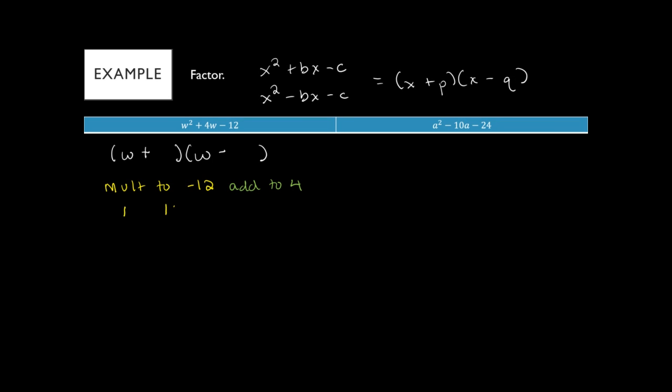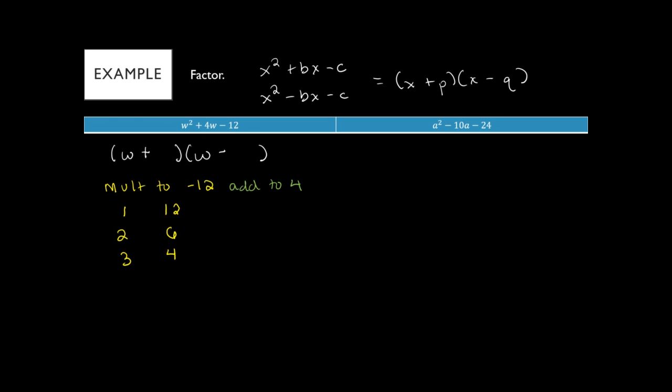So my choices that multiply to 12 are the same choices that I had before. But we're multiplying to a negative, so one of these pairs of numbers has to be negative. Am I going to have a negative 1 or a negative 12? A negative 2 or a negative 6?